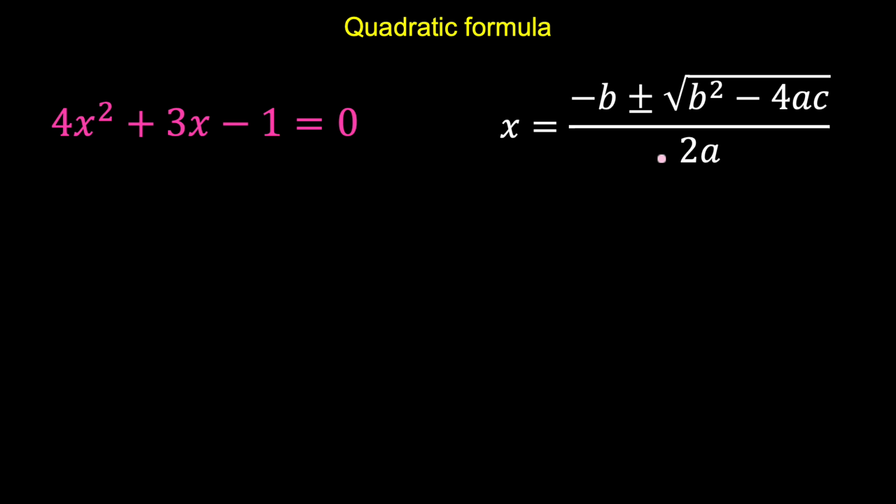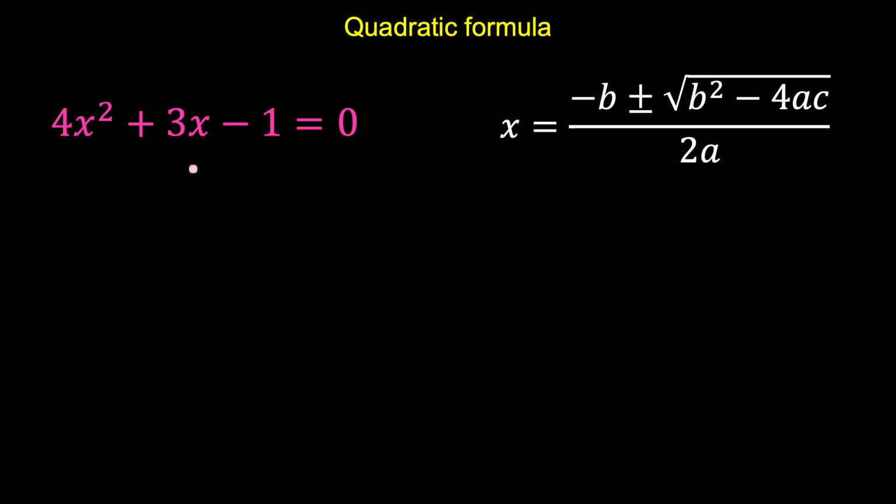So if we have the numbers a, b, and c, we simply plug them into the formula and get the answers. Now for finding a, b, and c, we need an equation that has all the variables and constants on one side and 0 on the other side.